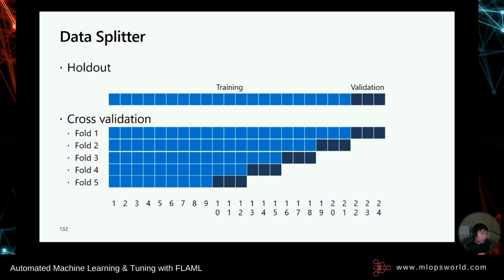There are alternative methods like sliding window. FLAML allows a custom data splitter to be used. No matter which method you choose, keep in mind the two principles. A, the data order needs to be preserved. And B, the validation data needs to be right after the training data, and the length needs to be equal to the forecast horizon.